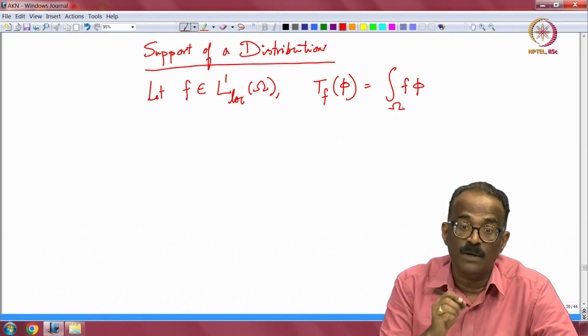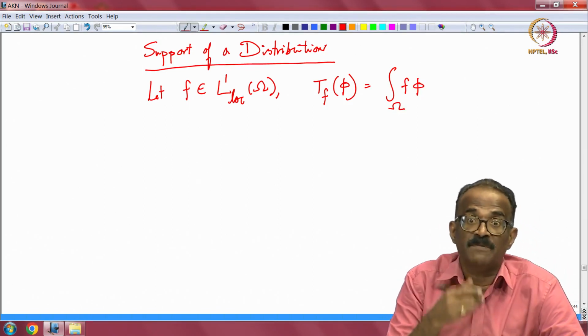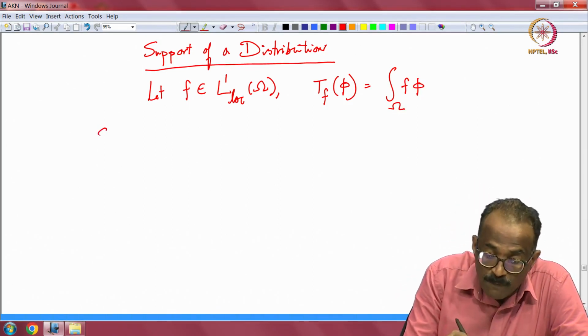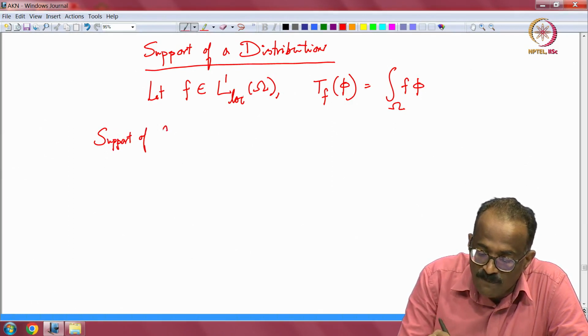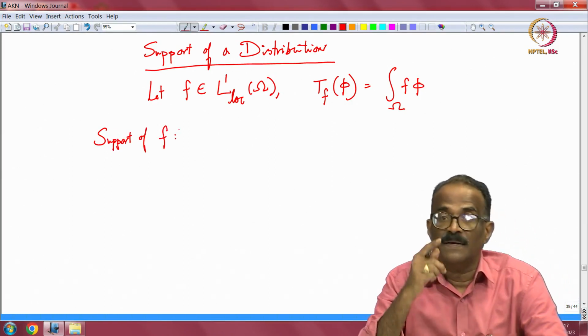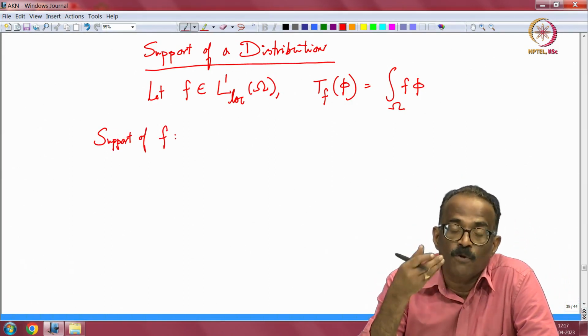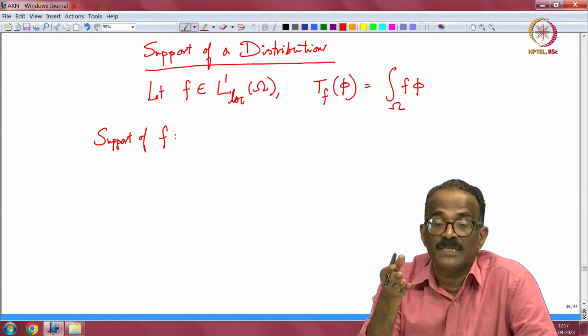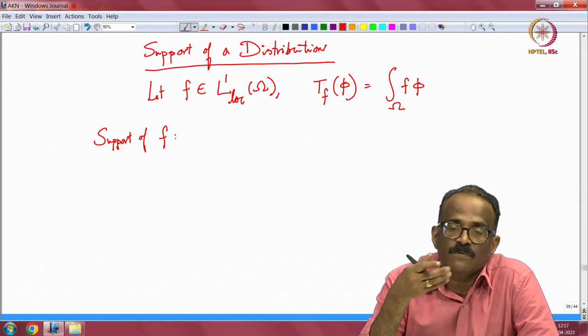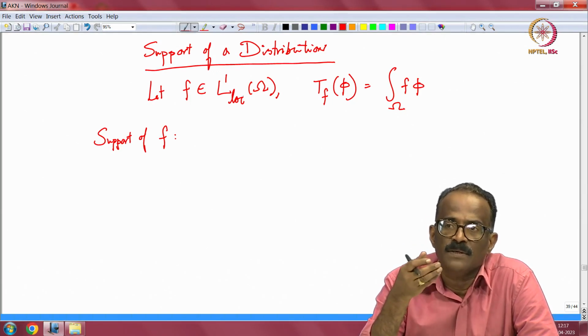Now, what is the definition of the support of f? You would have seen one definition: you take the set of all points x such that f(x) is not equal to 0 and close it. So, it is the closure of the set of all points such that f(x) is not equal to 0.